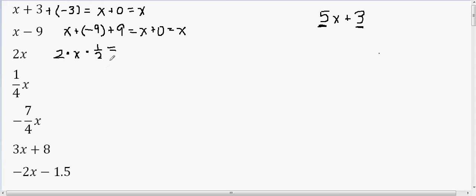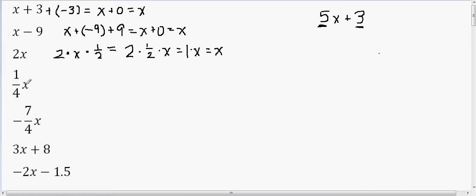And once again, multiplication is associative and commutative, so we can multiply any of the numbers first. So we can multiply 2 and 1/2 together first, which gives us 1. And 1 multiplied by any number is the other number, so we get x.